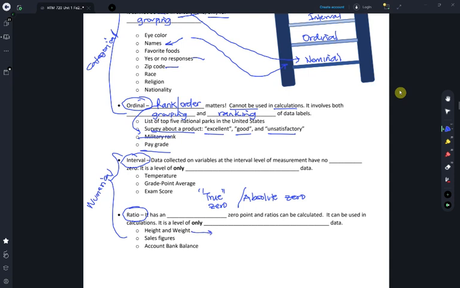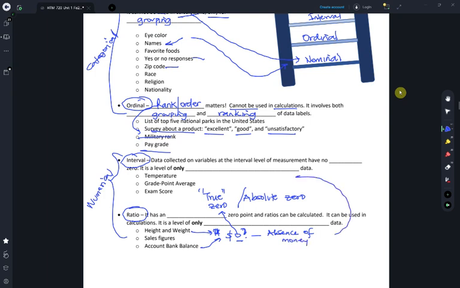Take for instance, if I said my account balance is $0, is this zero a true zero? Well, I would say yes, because if I have $0 in my account, I am absolutely broke. So this means absence of money. That is the behavior of true zero.